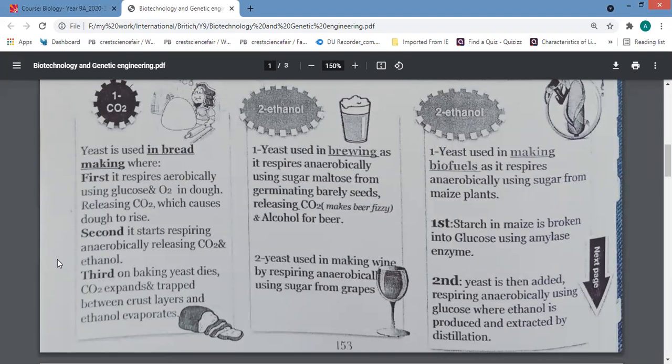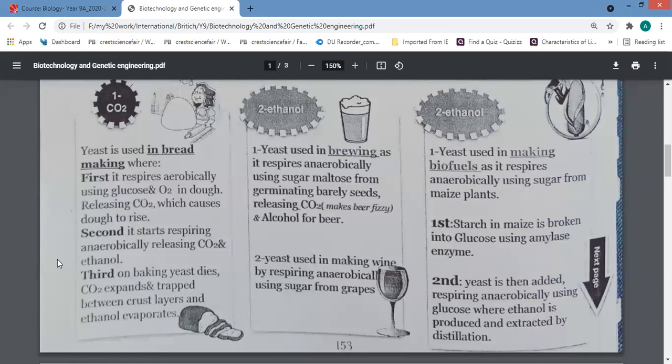So firstly, the yeast fungus respires aerobically, which means in the presence of oxygen, then the breaking down of glucose occurs. As a result of the breaking down of glucose, carbon dioxide is released. When the carbon dioxide is released, it makes the dough rise up.